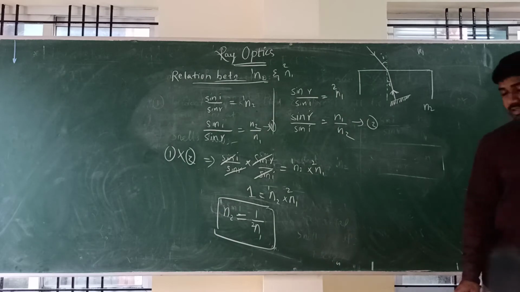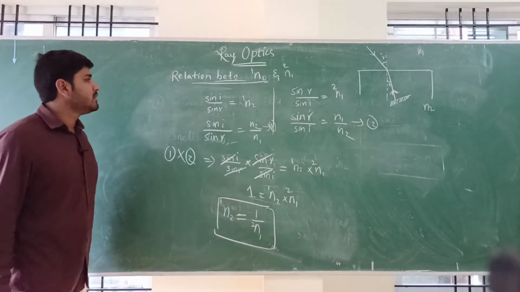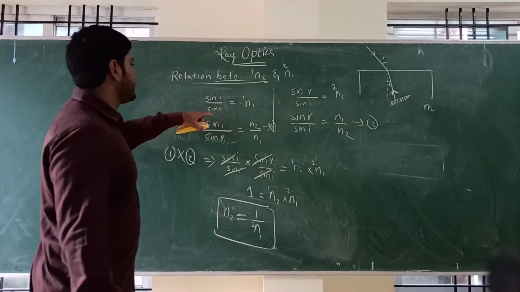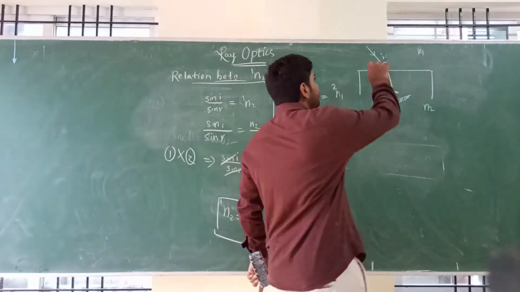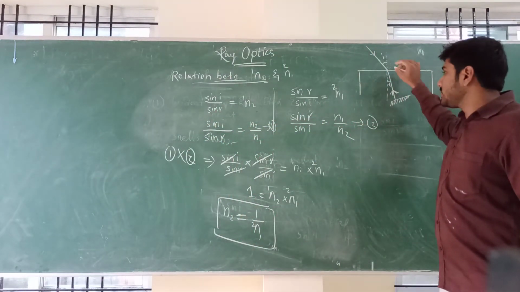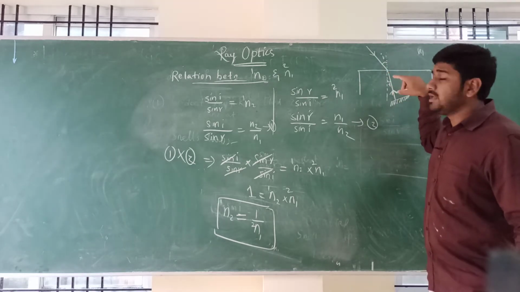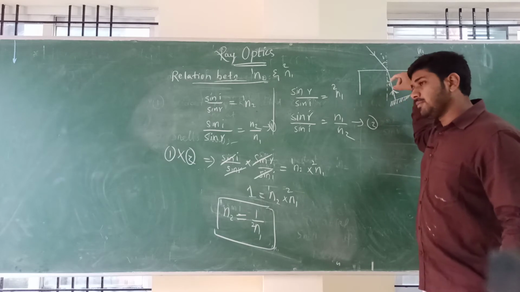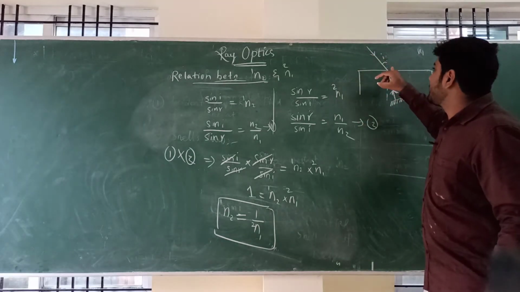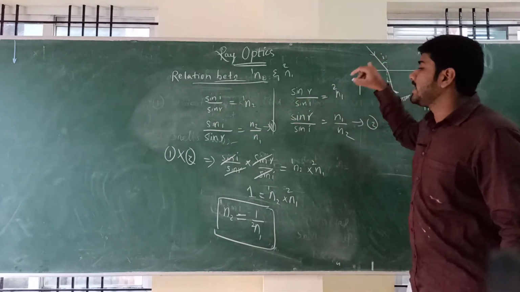I hope you understood this. So let me repeat this once again for you. We are taking two cases here. The first case is the incident ray traveling from air to glass, and in the second case the incident ray is traveling from glass to air. In the first case, sin i by sin r is equal to N21.